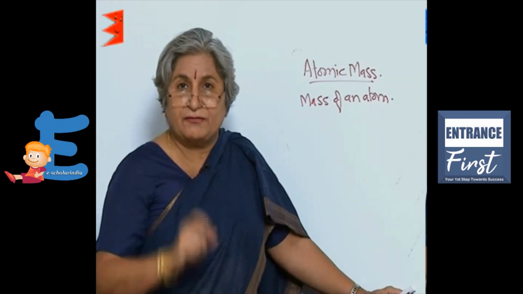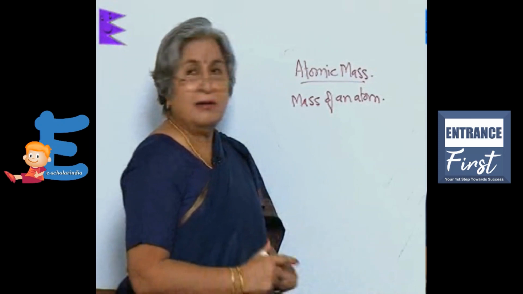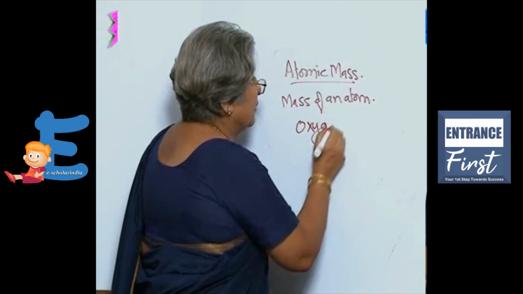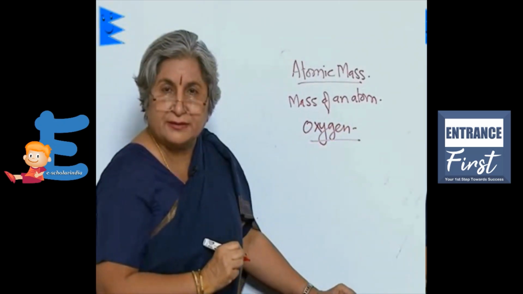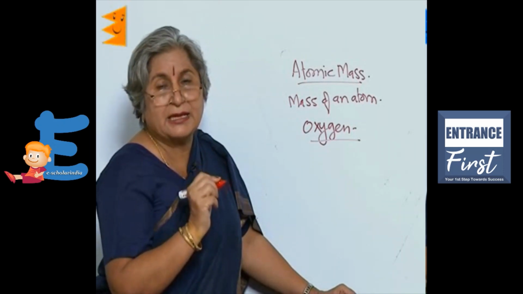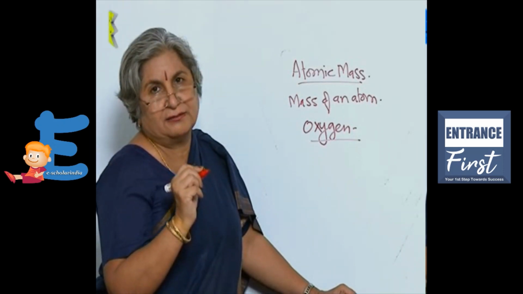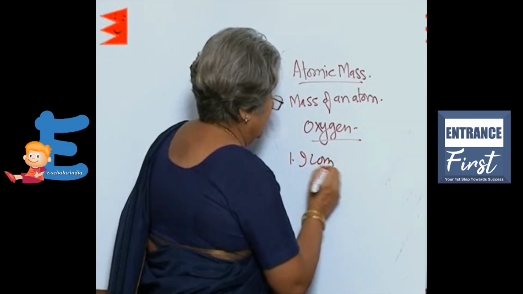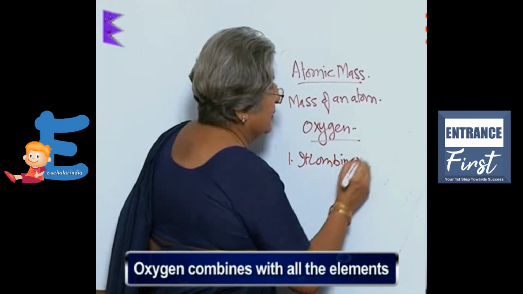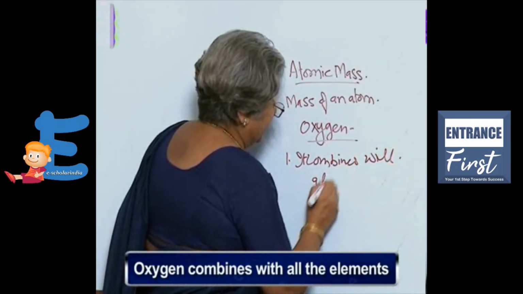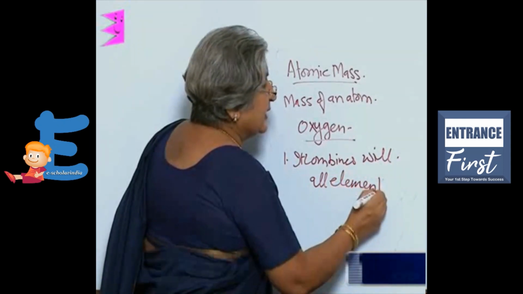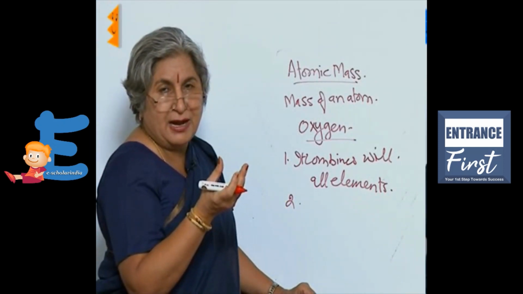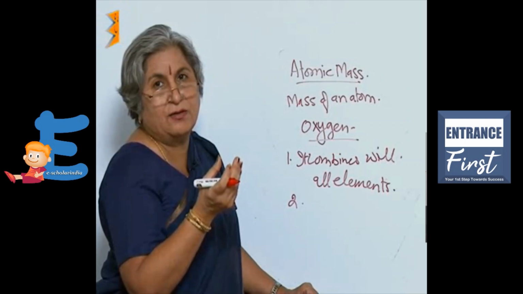So, the first atom or first element that they considered for creating a mass was oxygen. Now, the question arises, why did they choose oxygen? Because oxygen combines with most of the substances, metals, non-metals, it combines with all elements. The second convenience was that when we relatively weigh or relatively assess the mass, we found it was always in a whole number.